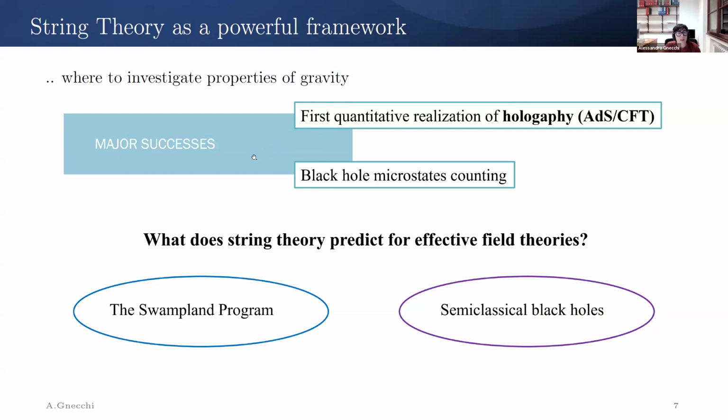And through string theory and a specific construction, there was a quantitative realization of holography that goes under the name of AdS/CFT, that I'm sure all of you know. So in a specific example of anti-de Sitter space derived from string theory, there has been a dictionary that tells you how this system corresponds to a conformal field theory at the level of correlation functions.